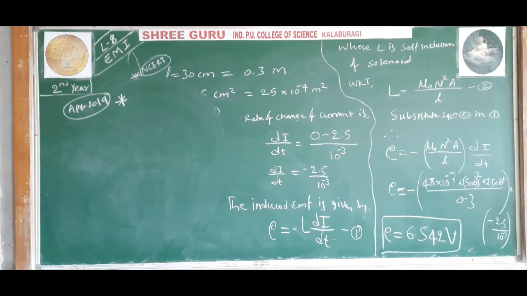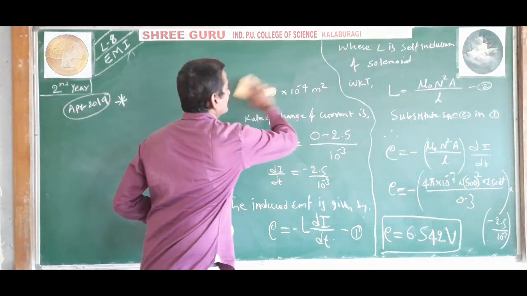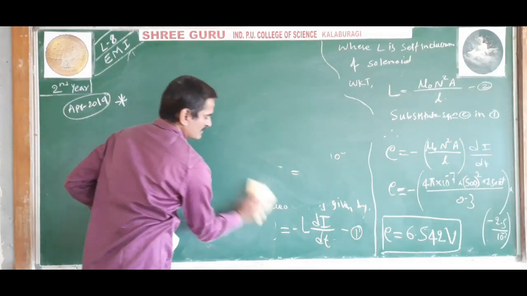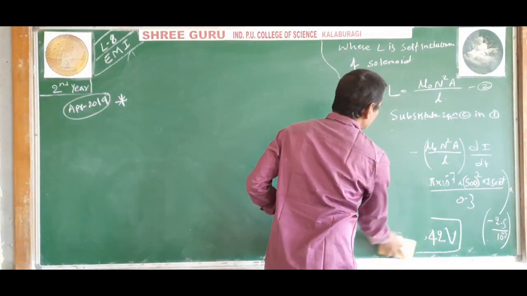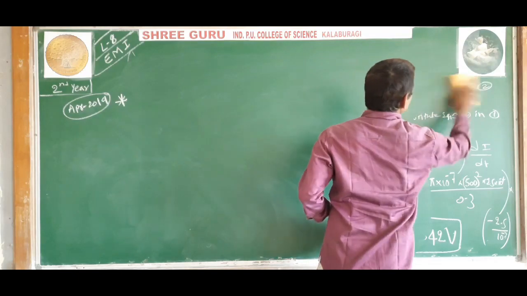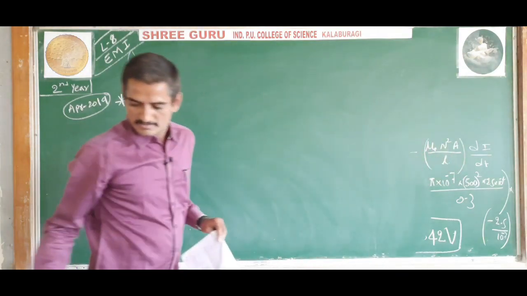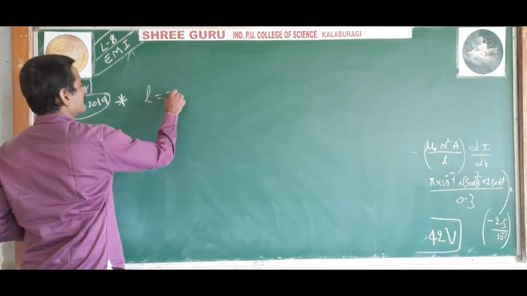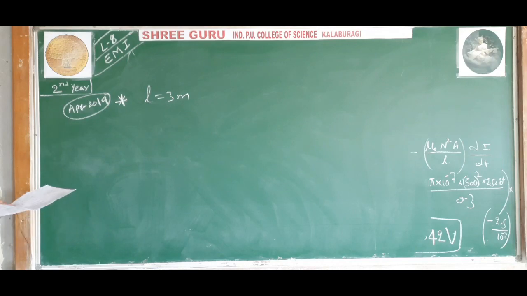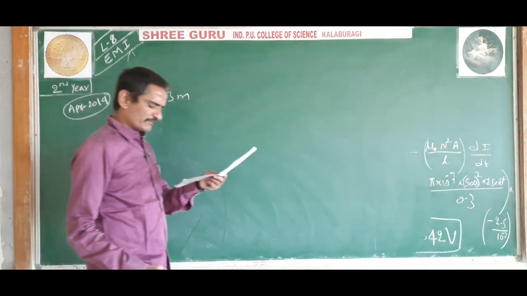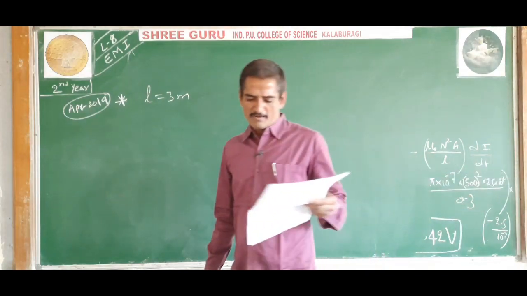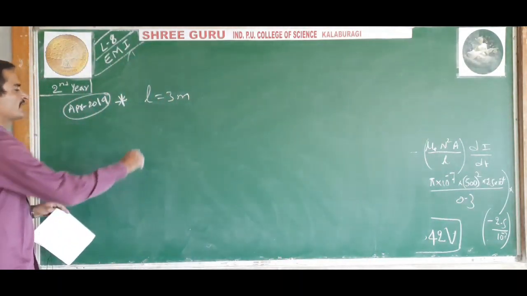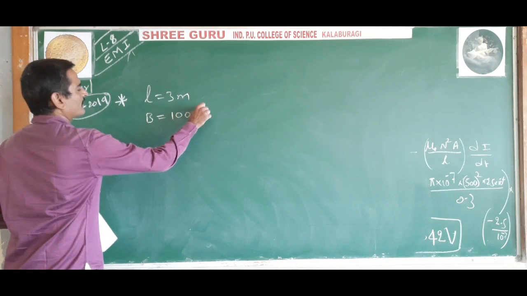April 2018. A conductor of length 3 meter, his length is given, L is equal to 3 meter, moving in a uniform magnetic field of strength 100 Tesla.